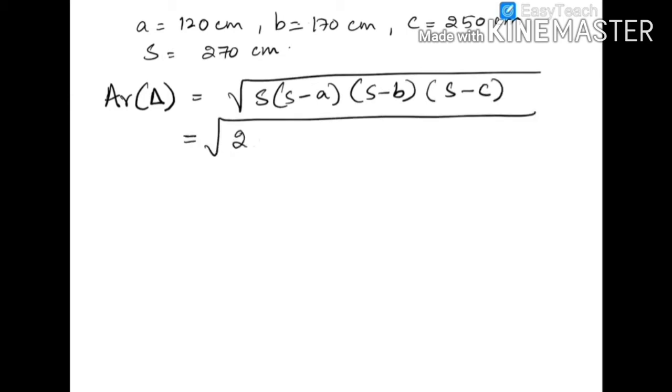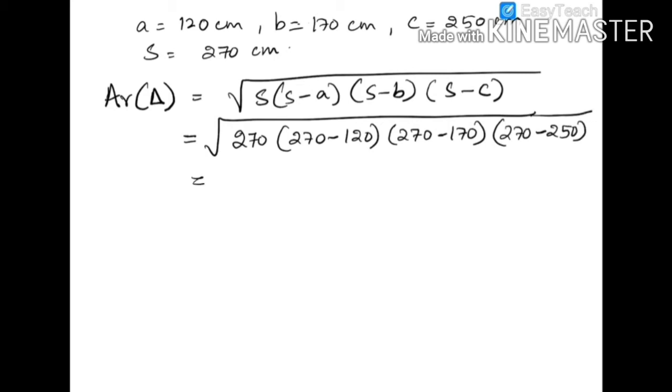On substituting, we get square root of 270 into 270 minus 120 into 270 minus 170 into 270 minus 250. So we get 270 into 150 into 100 into 20.